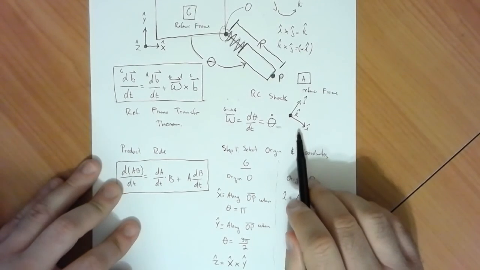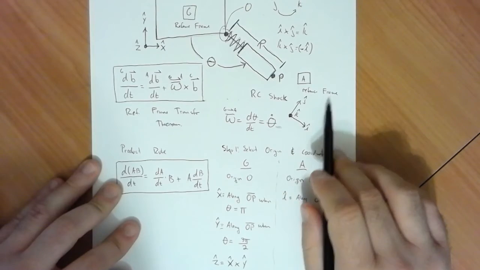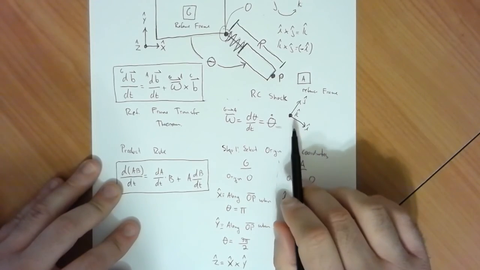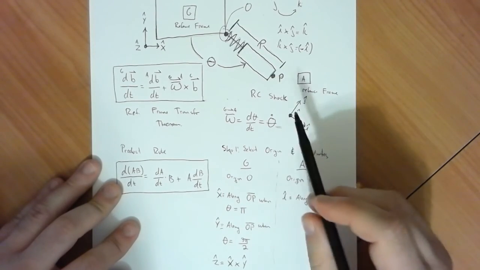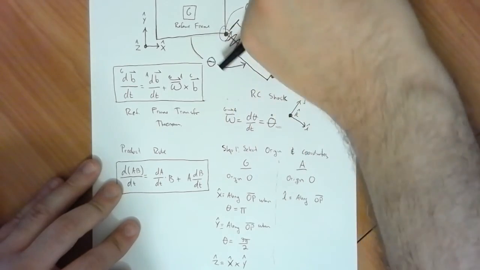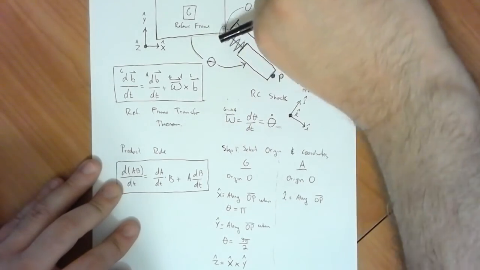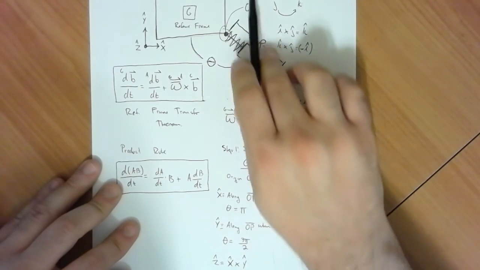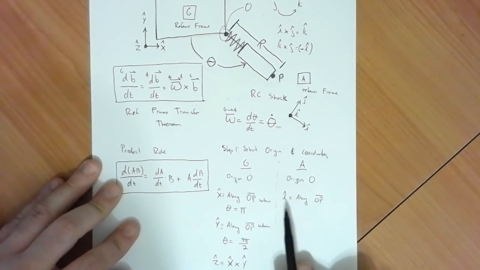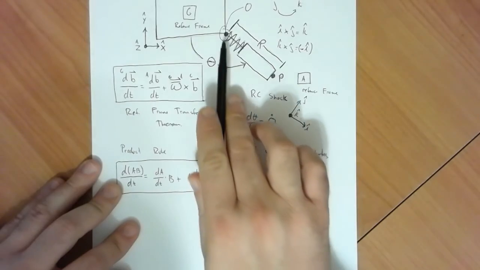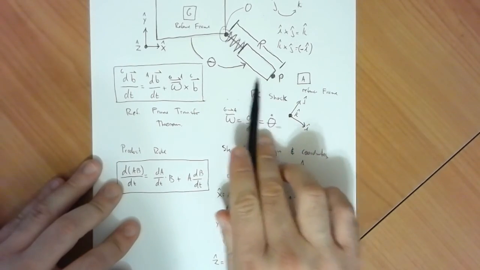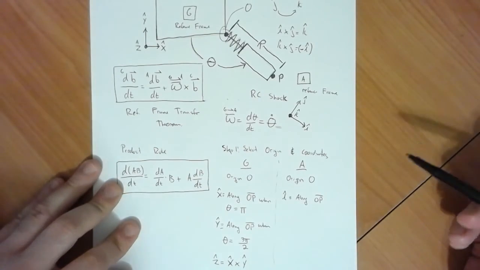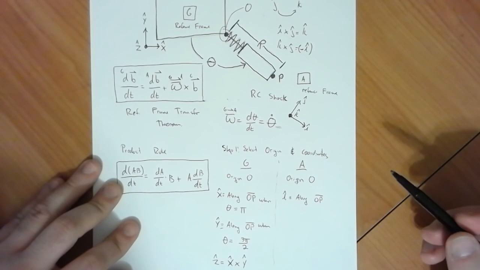The coordinate system associated with reference frame A is always fixed to reference frame A. So as this rotates, the reference frame and the coordinate system rotate along with it. It doesn't matter what the value of theta is: i hat is always going to point from O to P, regardless of where this is oriented in space. So that's a pretty neat little trick.